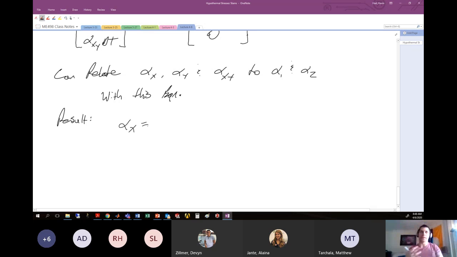So the result is the ability to write alpha x, alpha y, and alpha xy in terms of alpha 1 and alpha 2. And here I'm just going to write it in terms of m and n, which are your sine and cosine directions. Okay, so here we have alpha x equals alpha 1 m squared plus alpha 2 n squared, where m squared and n squared are coming from the transformation matrix T star.